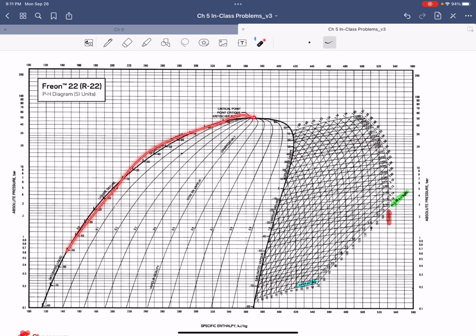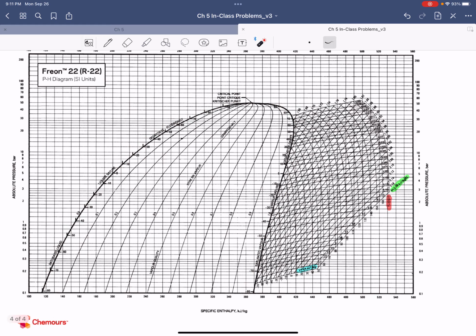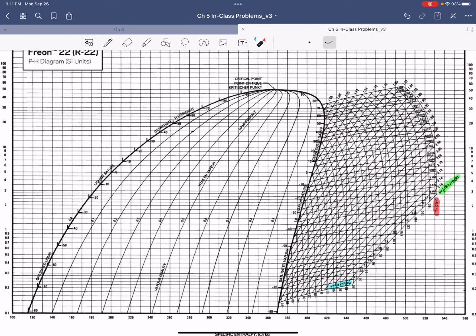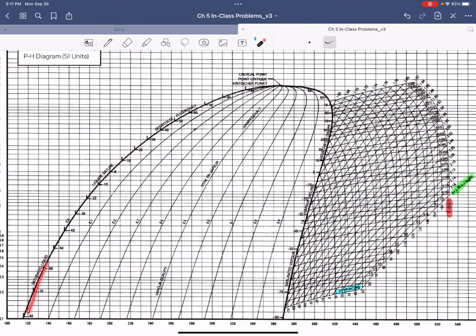On the left-hand side here, this deals with the refrigerant that's saturated, okay? And so in this big parabola-looking shape, right in the middle you have something that's known as a critical point. In a couple of weeks we'll talk more about exactly what that is.